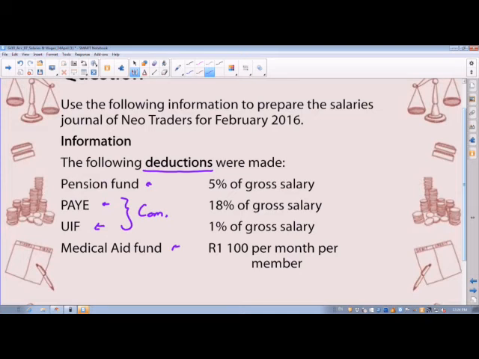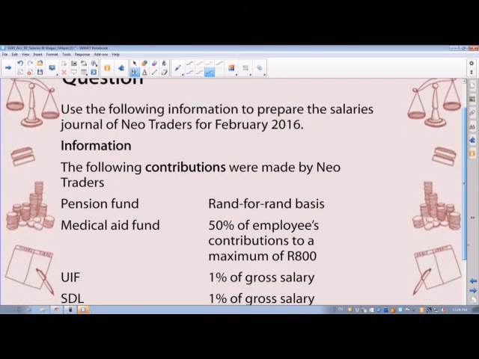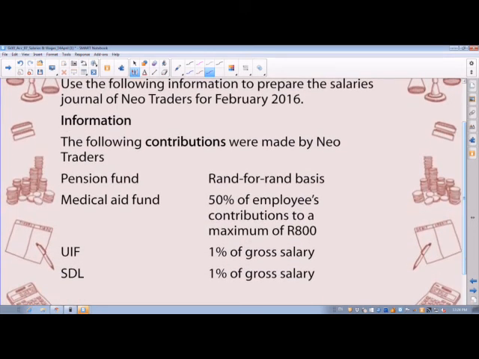Now, let's go and look at the contributions. You see it's quite a lot of info. The following contributions were made by Neo Traders. So I'm looking at the pension fund. For every 1 Rand the employee gives, the company or the business will also give 1 Rand.